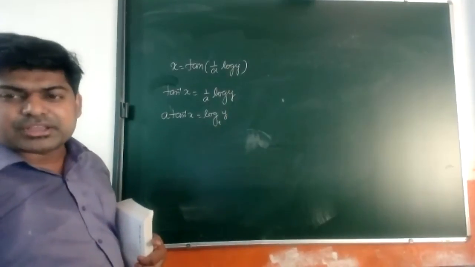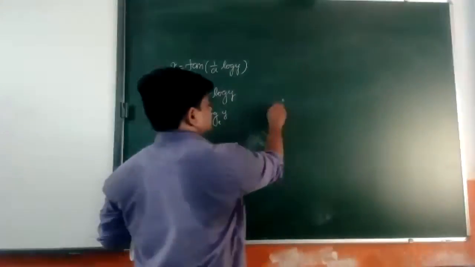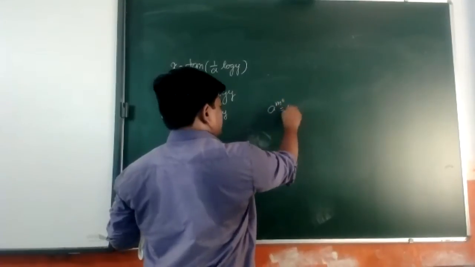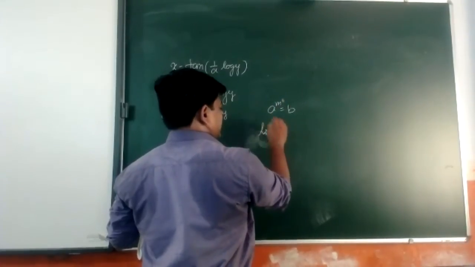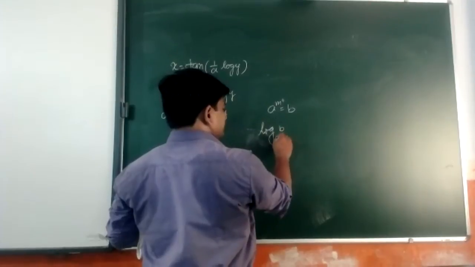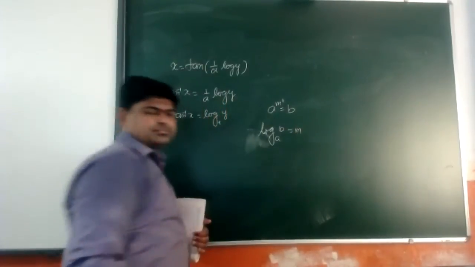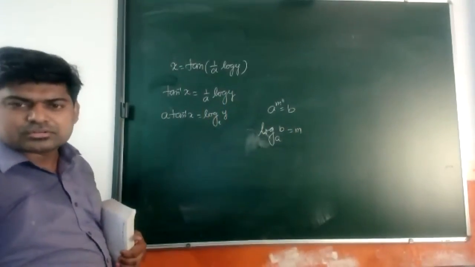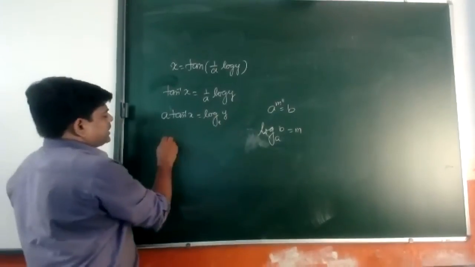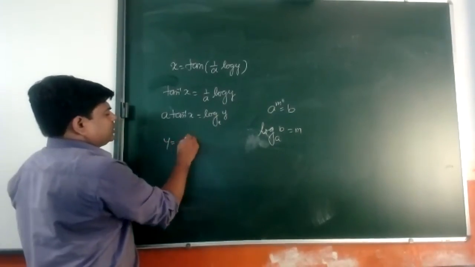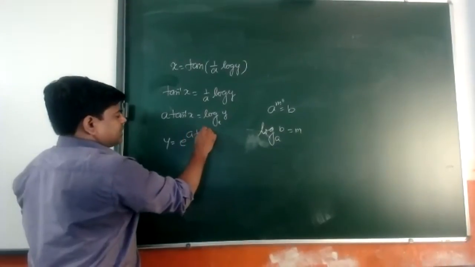If you remember, in class 9 it was discussed that a to the power m is equal to b can be written as log b base a is equal to m. Is it or not? So from here I can write y is equal to e to the power a tan inverse x.